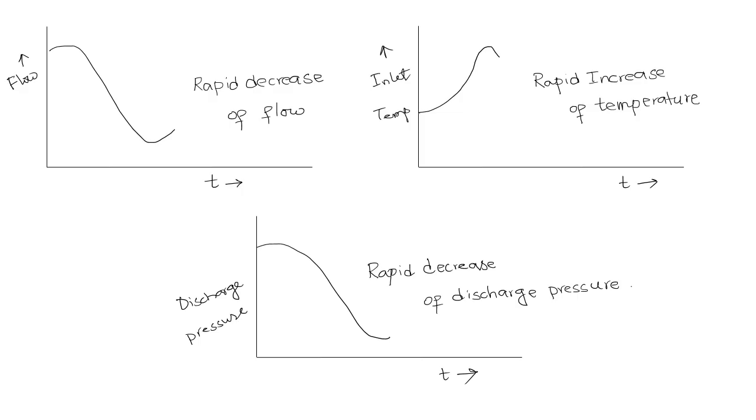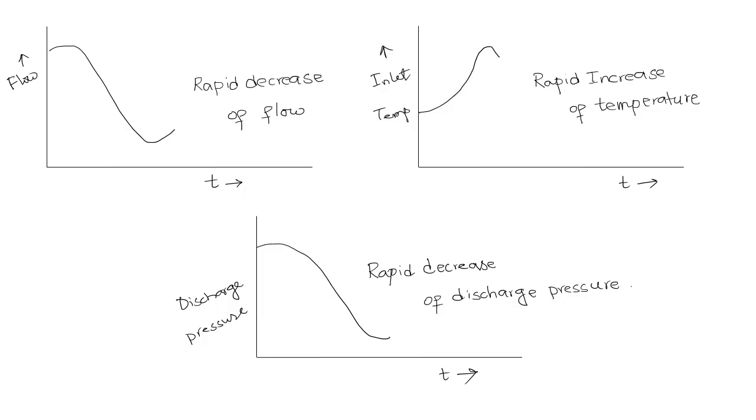A compressor surge is characterized by a rapid decrease and recovery of flow or discharge pressure, or a rapid increase and recovery of inlet temperature, or a combination of these.